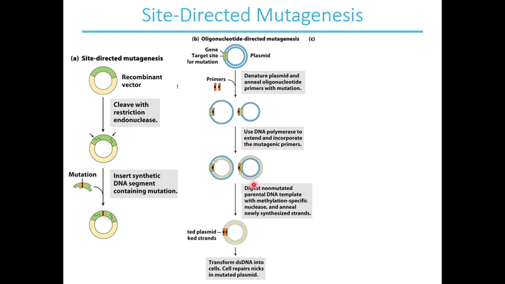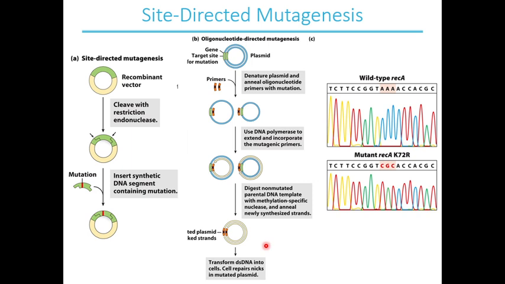Now, these plasmid copies are then transformed into cells. And once these are transformed, they need to be sequenced. Shown here is a representative example for a protein named REC-A.